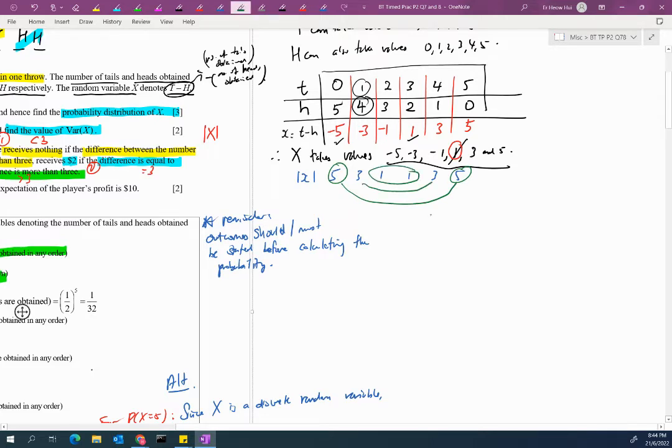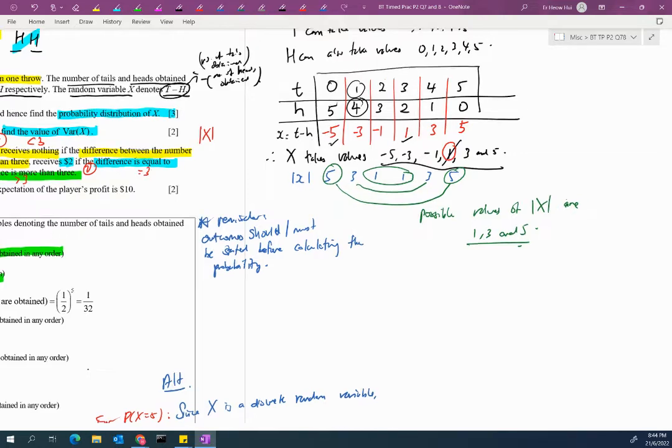So the possible values of mod x for the random variable are 1, 3, and 5. These are the three absolute values, or magnitudes of difference, that we're going to look at for the last part of the question.